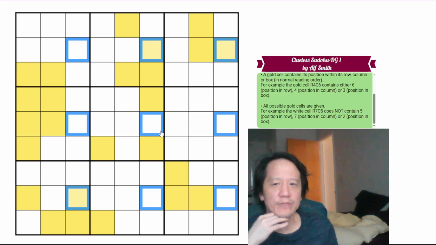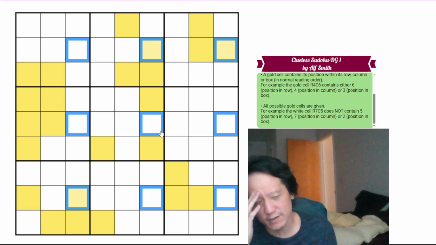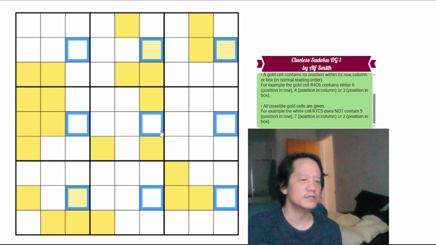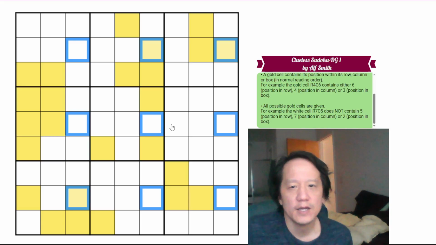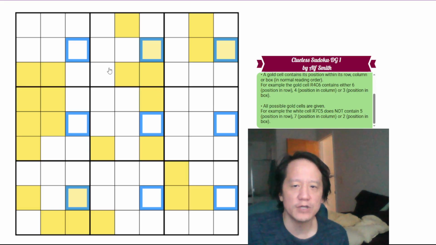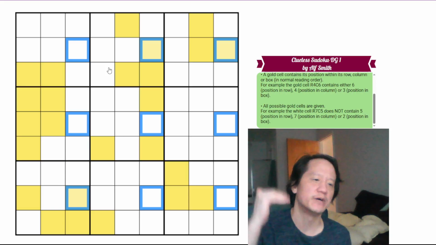I don't remember. I think they're just called friend cells or something like that. But they're usually not colored. But these are specifically. So the gold cell either contains its position within its row, within its column, or within its box.